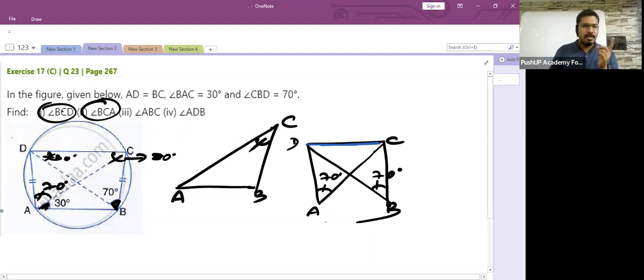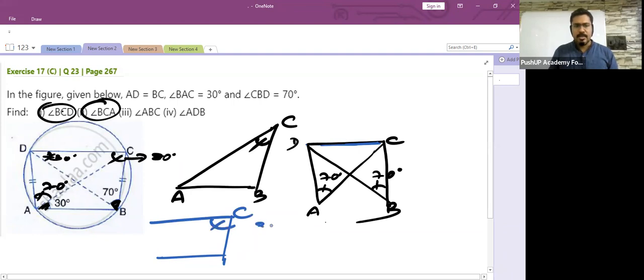Now, what was the question? To find BCA. That's this angle, BCA. Children, you know that this whole angle C is equal to how much? It is 80 degrees. All right.